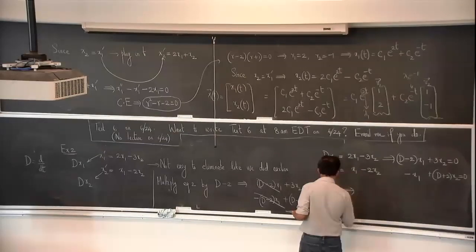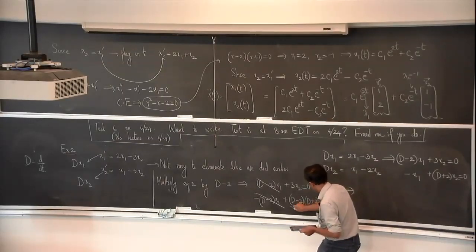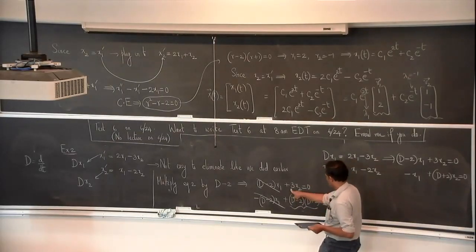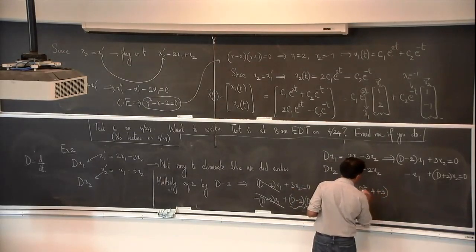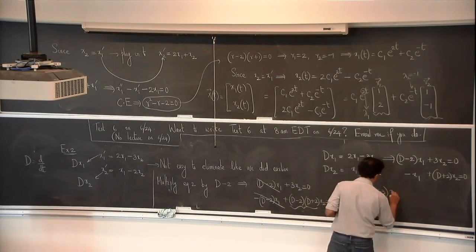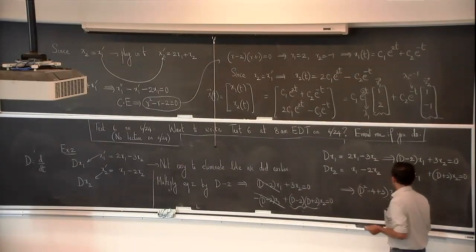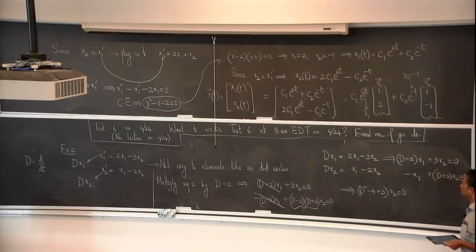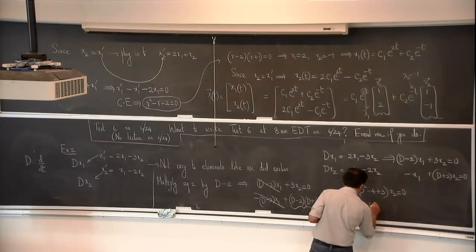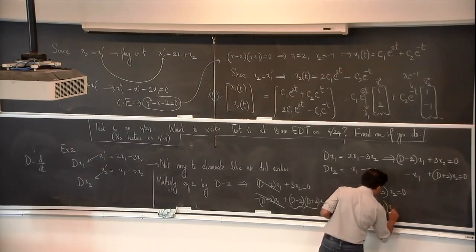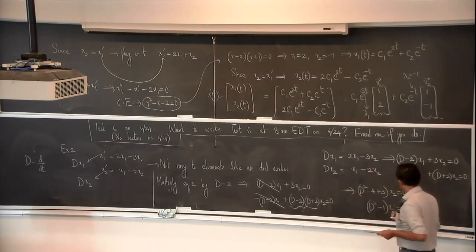So if you now add these two terms, this is D square minus 4 plus 3 times x2 equal to 0. And that's D square minus 1 x2 equal to 0.